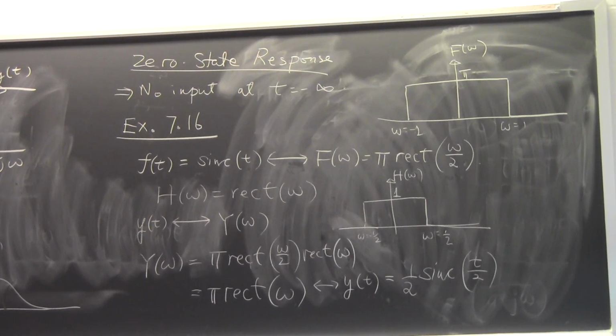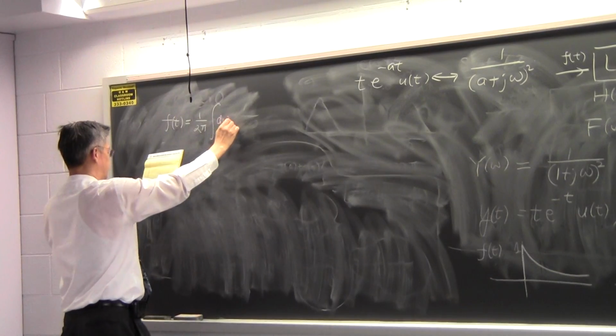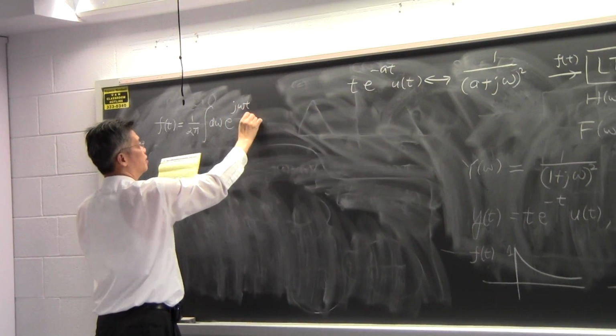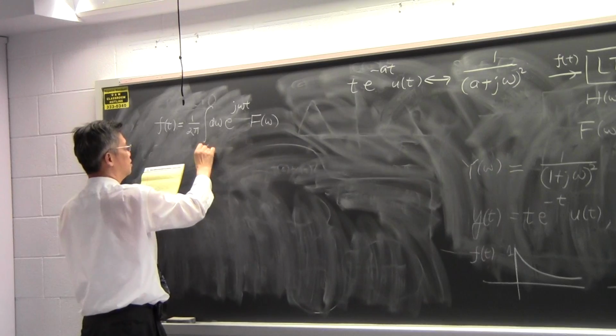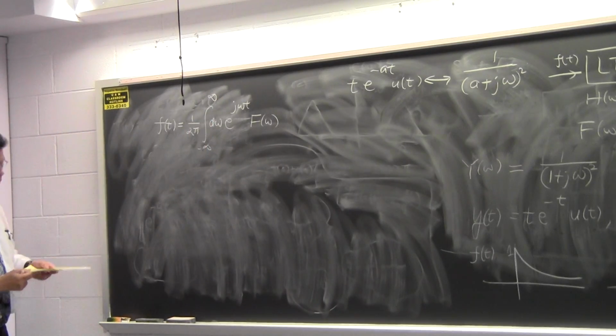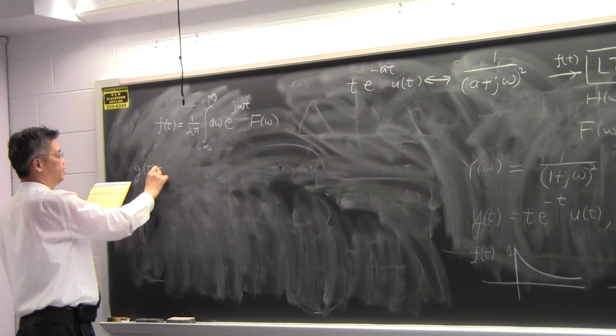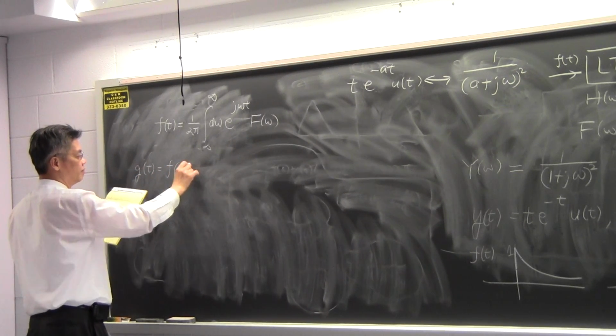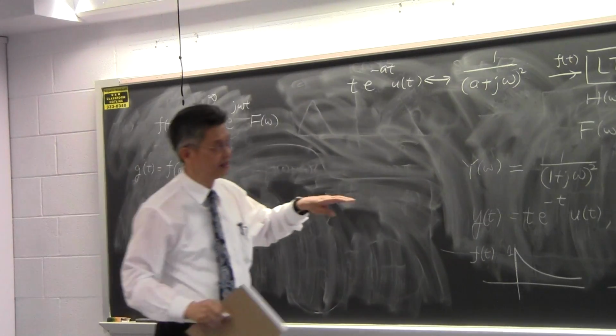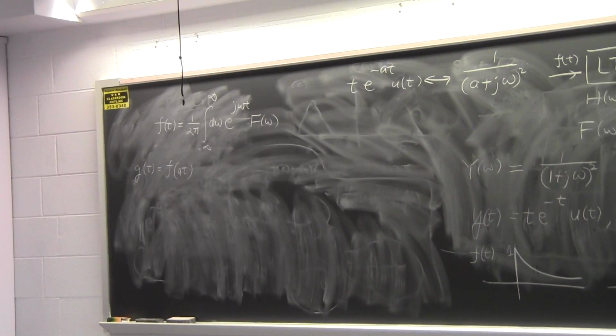Say if I have a function f of t, and if it's related to its Fourier transform by this identity, if I were to change its argument, get a new function g of t which is f of at. In that case, a was some other thing, like change it by half or something. Okay, what should its Fourier transform be?